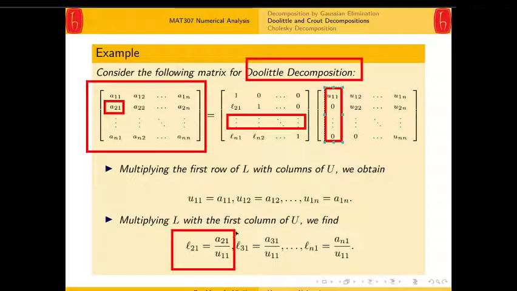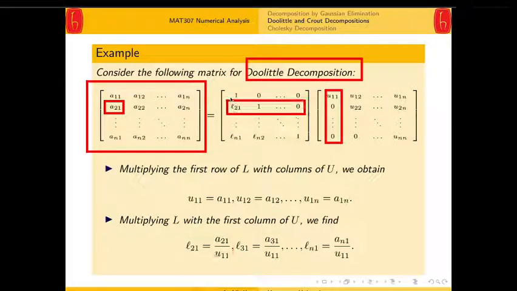So we can write L31 as A31 divided by U11. Okay, so we're basically multiplying all the rows of the matrix L with the first column of the matrix U. This way we can obtain all the entries of the first column of the lower triangular matrix.